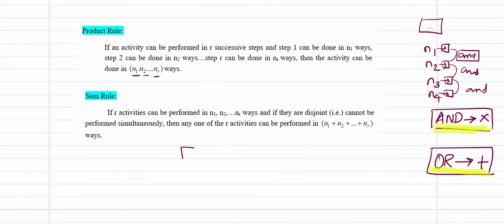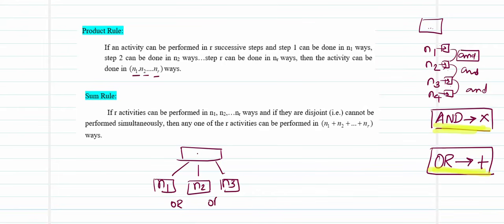If you have an activity which can either be performed by the first way, or you can have a second way to do the same activity, or a third way to do the same activity and so on, then this activity can be performed by either this or this or this or this. So you have N1, N2, N3, N4 connected with an OR.